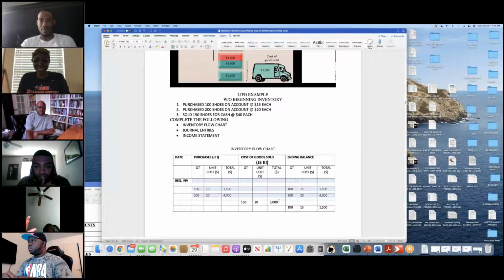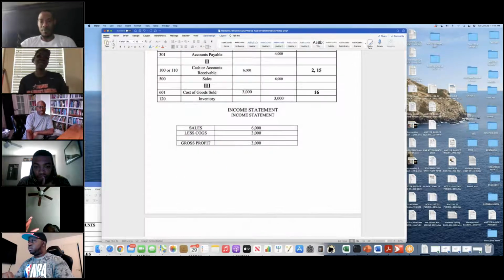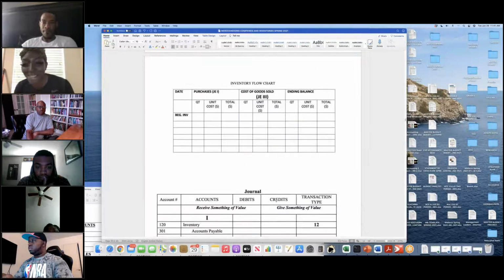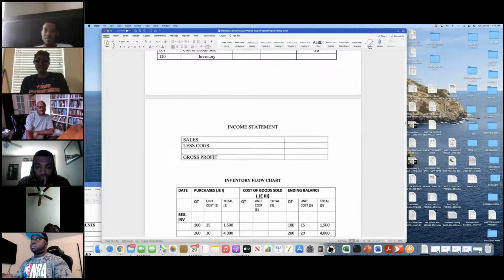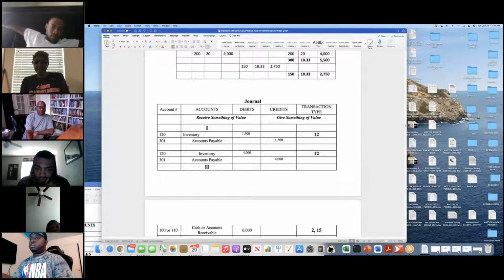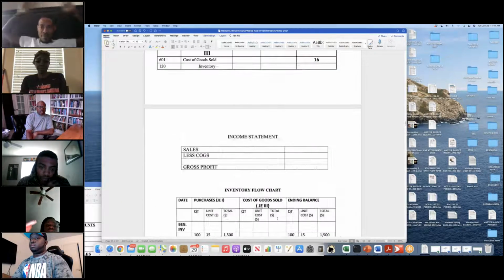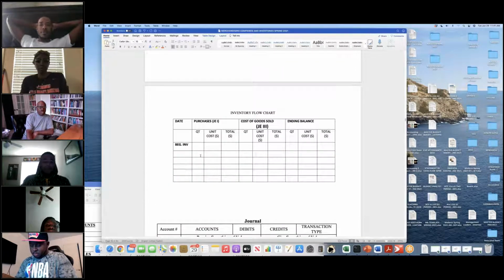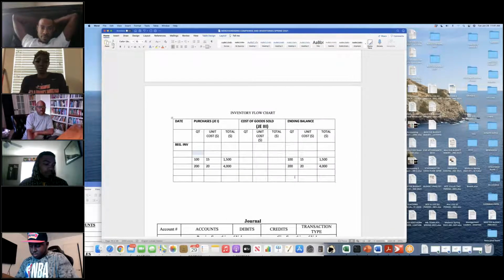We're going to copy. Let's see if I got a blank flow chart. So let's assume this is weighted average here and we paste it. Okay. So we made the purchase.